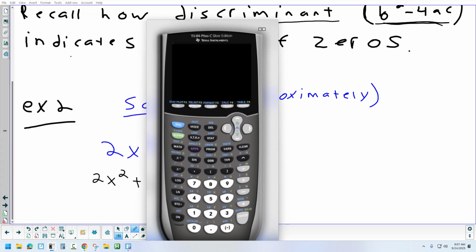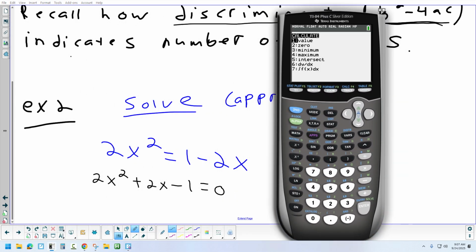All right, so let's put that in on the calculator. So we got 2x squared plus 2x minus 1. Now, because the highest exponent is a 2, we know it's a parabola, and we're looking to see if it crosses twice.